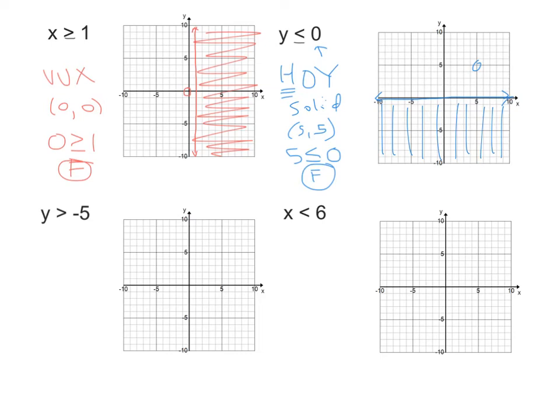All right, let's try another one. Again, we have a Y is greater than -5. So "hoi vux," right? "Hoi" has a Y in it, which means we're going to have a horizontal line at -5. It's going to be dotted because this is just greater than.